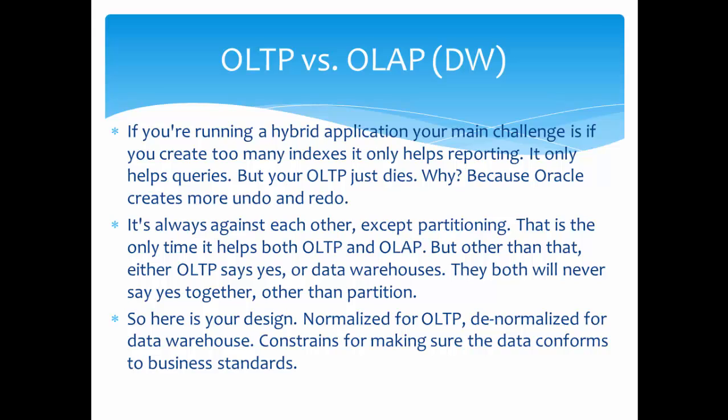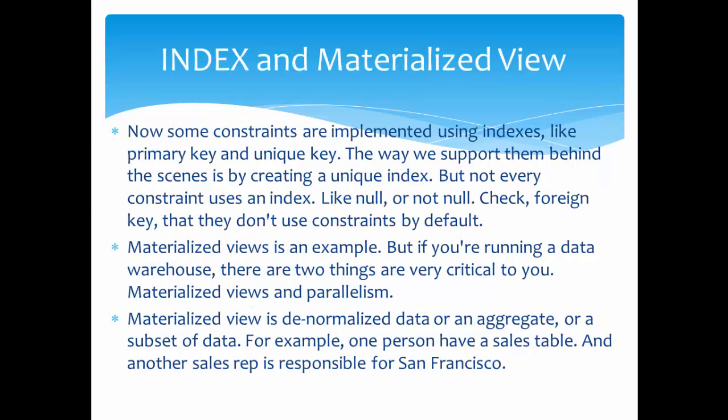So here is your design. Normalization for OLTP, de-normalized for data warehouse, constraints for making sure the data conforms to business standards. Now index and materialized view. Some constraints are implemented using indexes, like primary key and unique key. The way we support them behind the scenes is by creating a unique index.